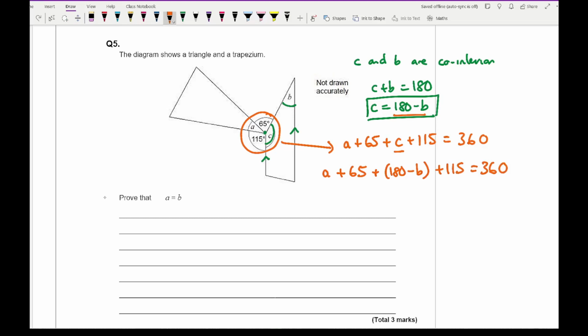Then if I neaten all of this up, I get A plus, and it's going to be 65 plus 180 plus 115, which gives me 360 minus B equals 360. The 360s cancel out, so I've got A minus B equals 0, and then take the B over to the other side, and I've proved that A equals B.